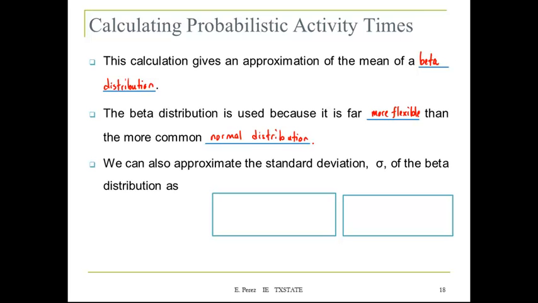So most of the time when you're dealing with the expectation, the expected value, or the mean of a distribution, you're going to end up working with the normal distribution.